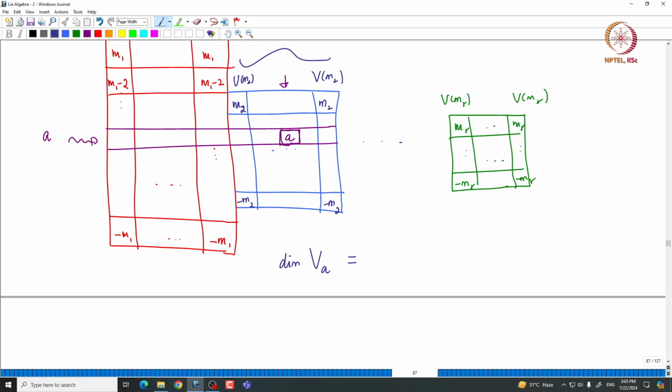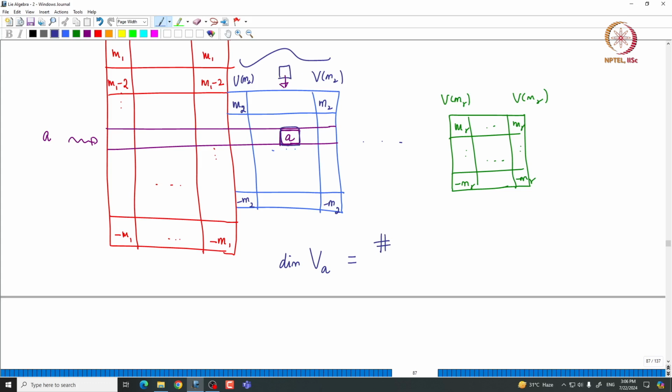you collect all possible these m_i's. Okay. So, that is nothing but the irreducible module that appears in capital V. So, what is exactly that? So, this is a direct summand. Okay. So, to collect this V A, we need to look at the particular irreducible copy.